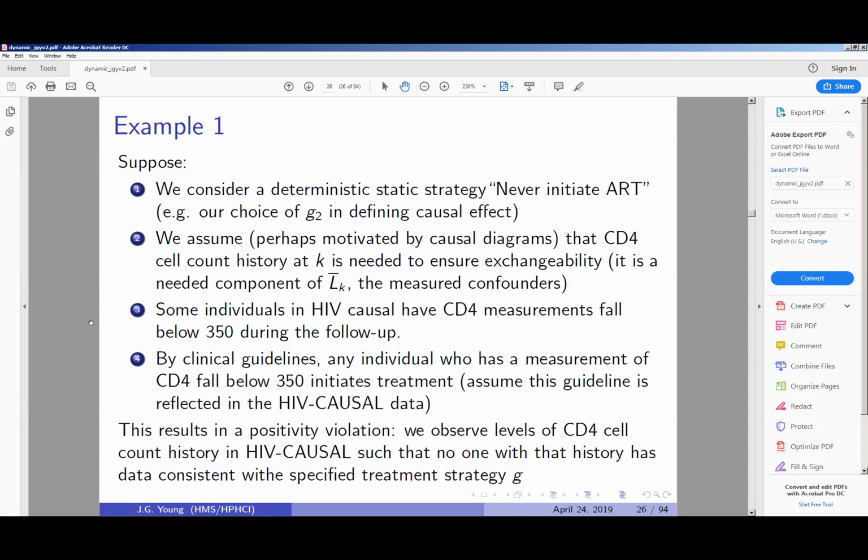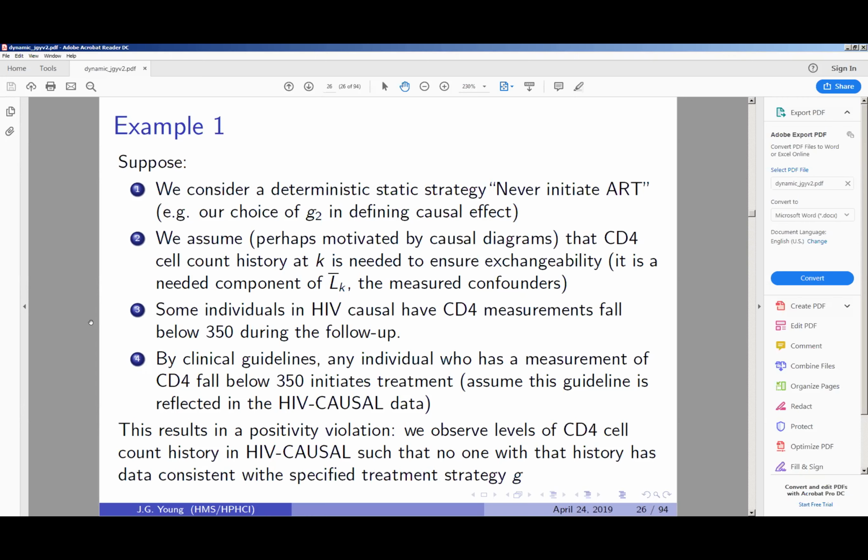Also suppose that by clinical guidelines at the time in which this population exists, any individual who has a measurement of CD4 fall that low is going to have initiated treatment already. In other words, doctors are not ethically waiting that long to treat people.